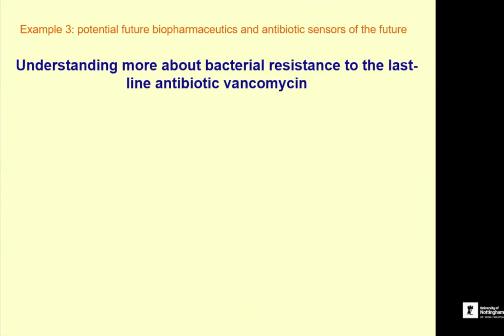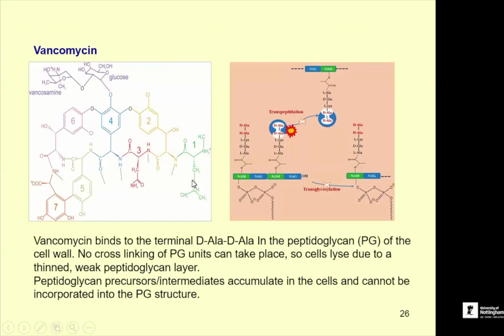The final example is something Steve was alluding to this morning about vancomycin, this small 1500 Dalton glycopeptide antibiotic. So I just want to run through quickly about vancomycin. Time's running against us. So as Steve mentioned this morning, vancomycin is a glycopeptide.